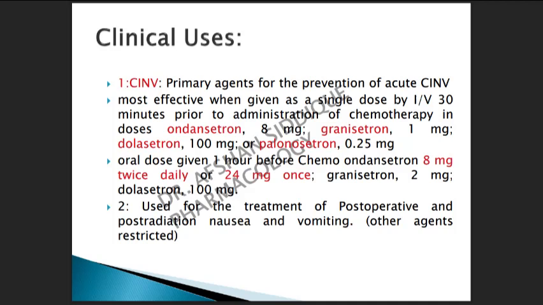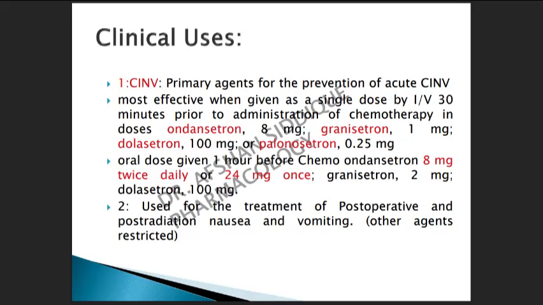Now if we discuss clinical uses of this class, it is primarily used for CINV. It is most effective when given as a single dose by IV 30 minutes prior to administration of chemotherapy.